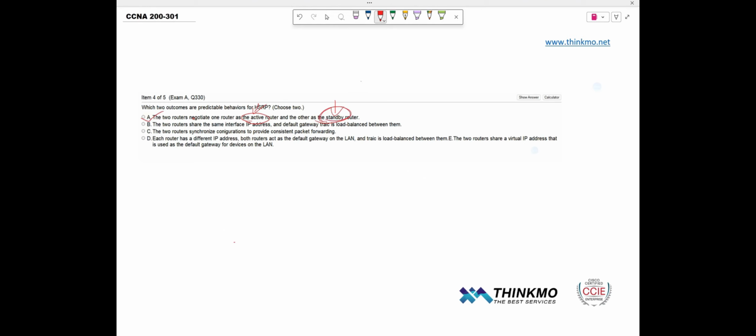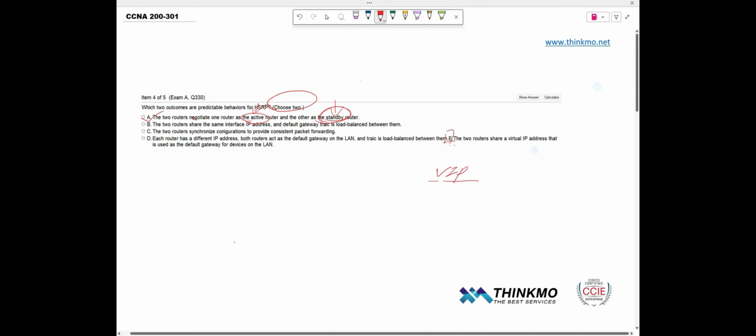So the correct answer is A. But since we need to choose two answers, the other answer is option E. However, there's an issue with option E in the latter part, right? In option E, the correct part is that the two routers share a virtual IP, right?